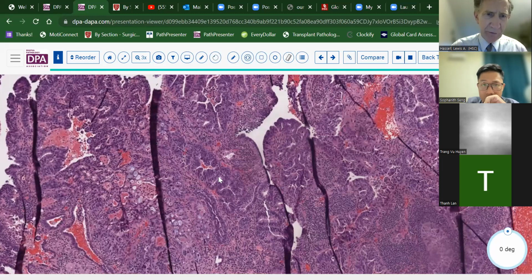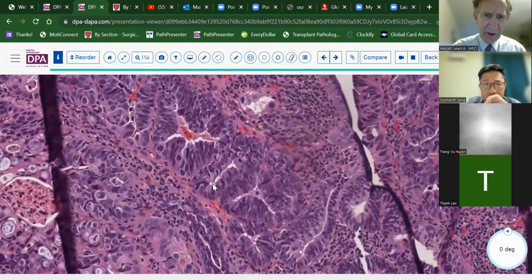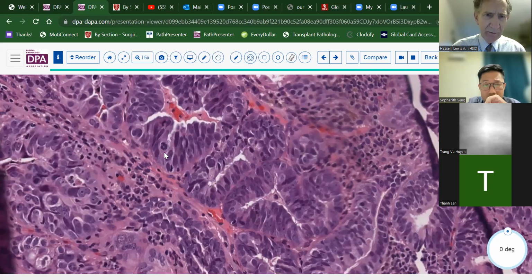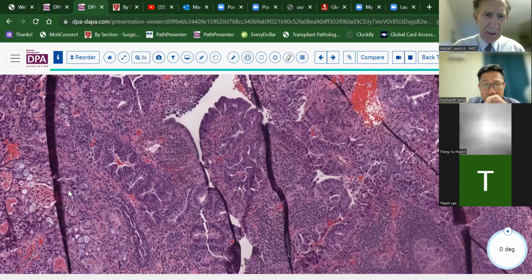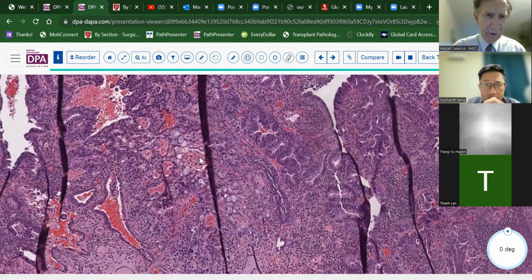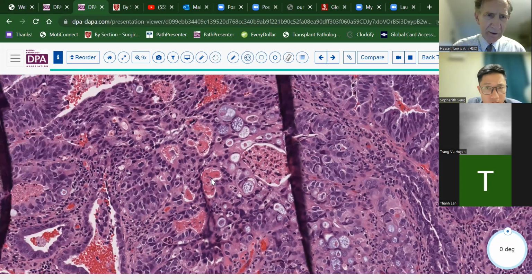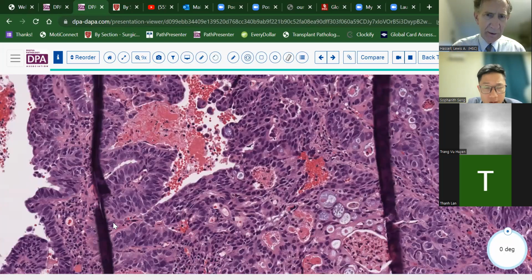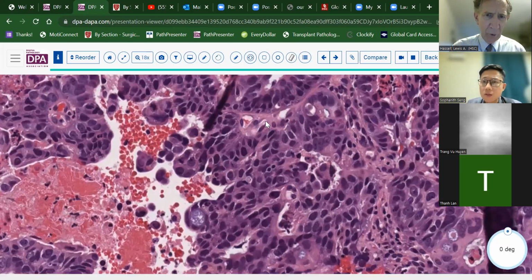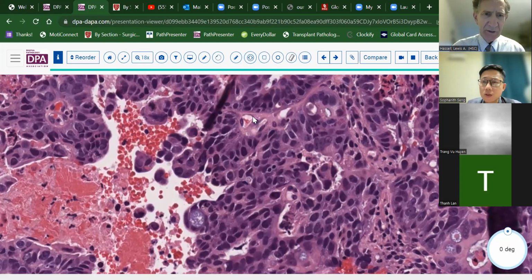So here again, we have sort of a combination. We have these more tall columnar cells in this particular fragment, high-grade mitoses, high-grade nuclear atypia. And then over here, almost cribriform areas. And then more of our micropapillary changes.